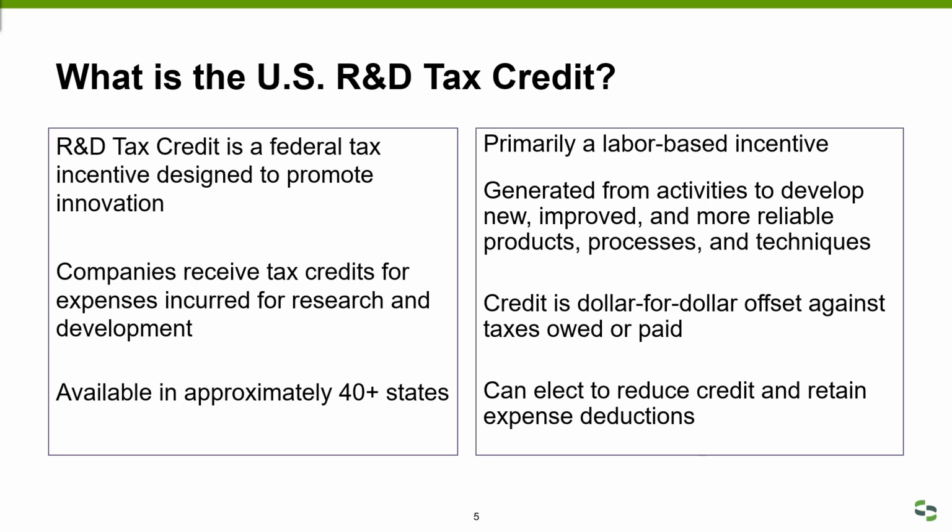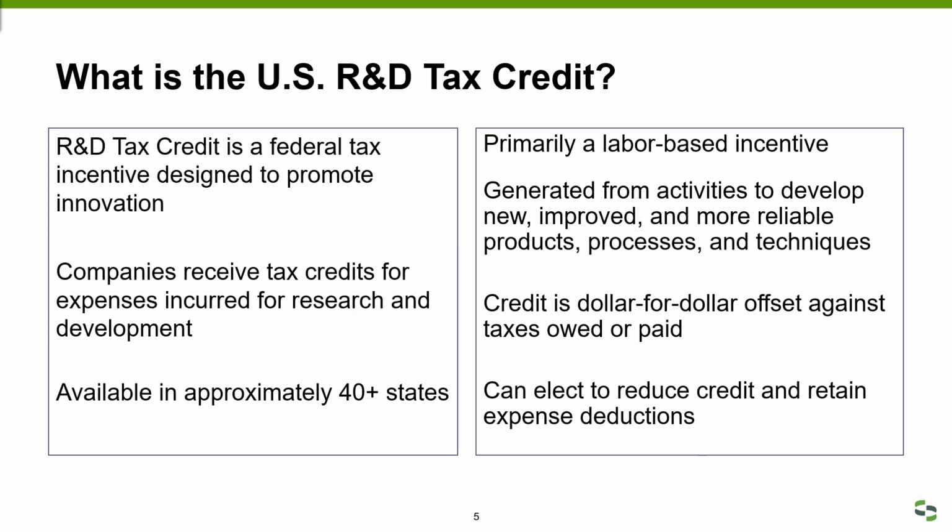So think about activities towards developing new or improved and more reliable products, processes, software, techniques, designs, formulation, etc. It is, in fact, a subsidy from the standpoint it is a dollar for dollar offset against the tax liability of the taxpayer in the United States. If it's a pass-through, it goes to the underlying.